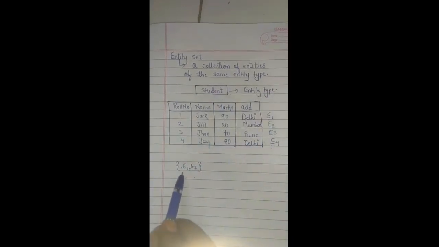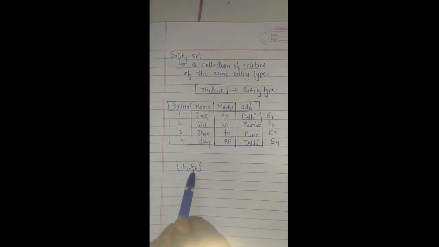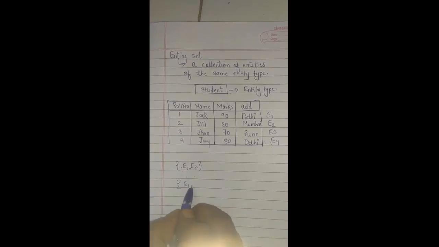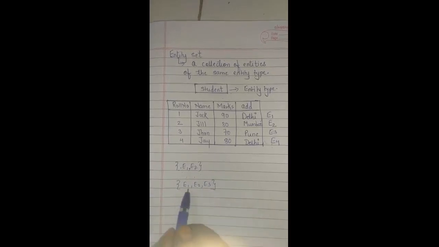So I have taken one example here, E1, E2. This is making a set, right? E1 is of entity type student, E2 is of entity type student. Similarly, if I take another set, E1, E2, E3, again it is a collection of entities of the same entity type.